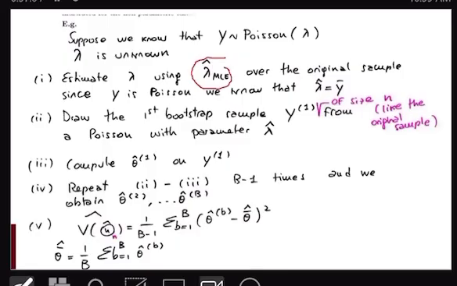Then after having the joint, I'm going to take the log, ln of the product of f of xi.